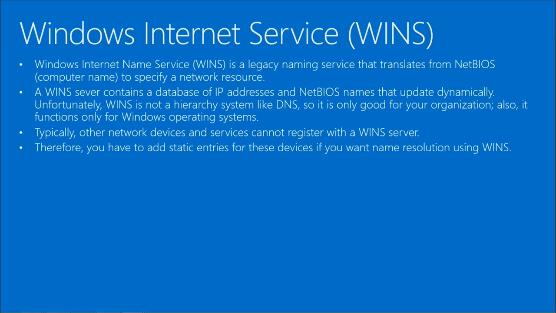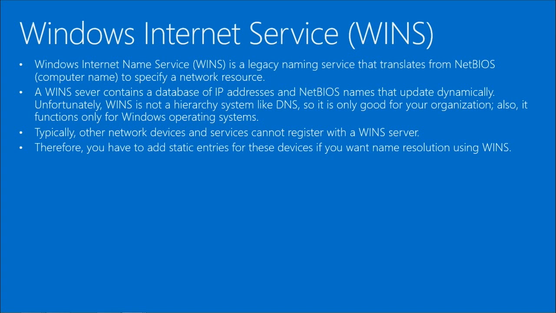Some issues with WINS is it doesn't have a hierarchy system like DNS. It's not routable. Well, I take that back. It can be routable. The protocol itself isn't routable, but there are ways to enable routing of the protocol, but it's not within the protocol itself.